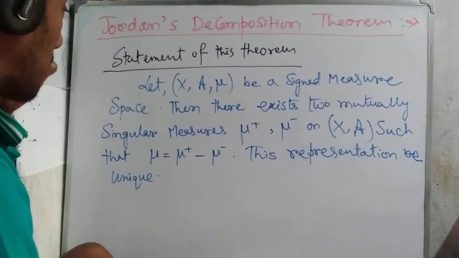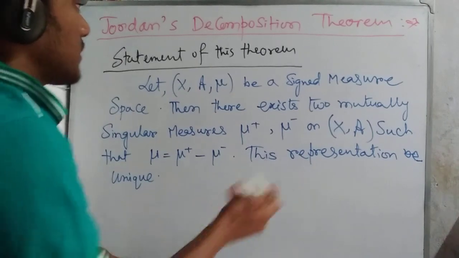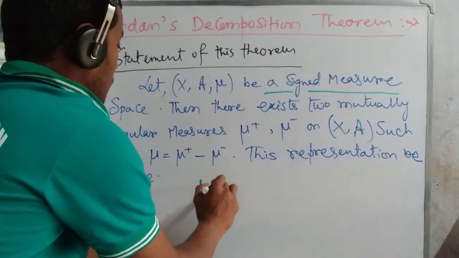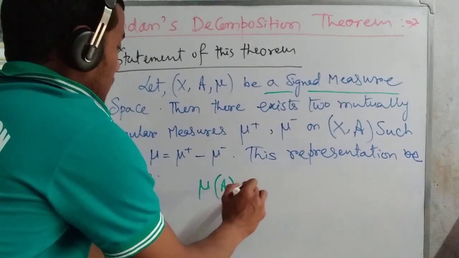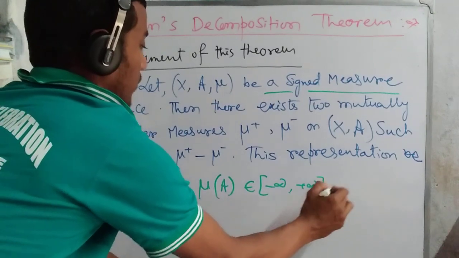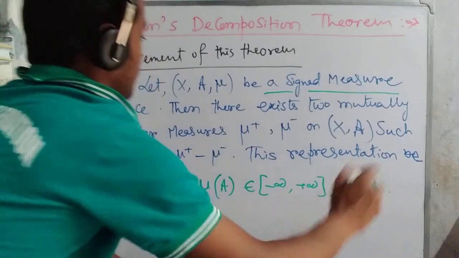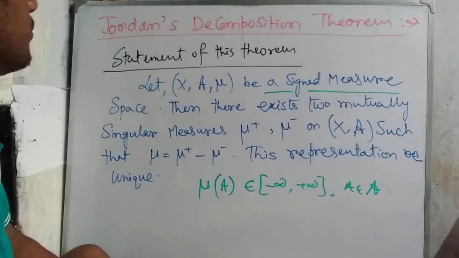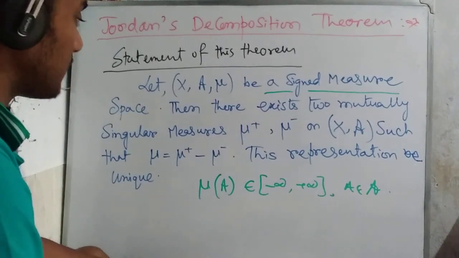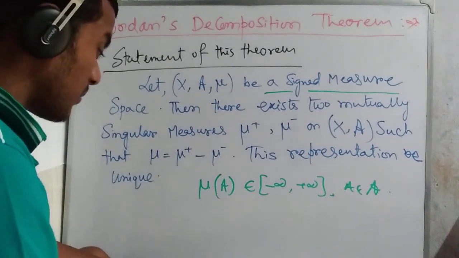So what we write here is just a signed measure space. A signed measure means the range of μ, for any set A in the σ-algebra, lies in minus infinity to plus infinity. And what do we mean by two mutually singular measures μ⁺ and μ⁻?